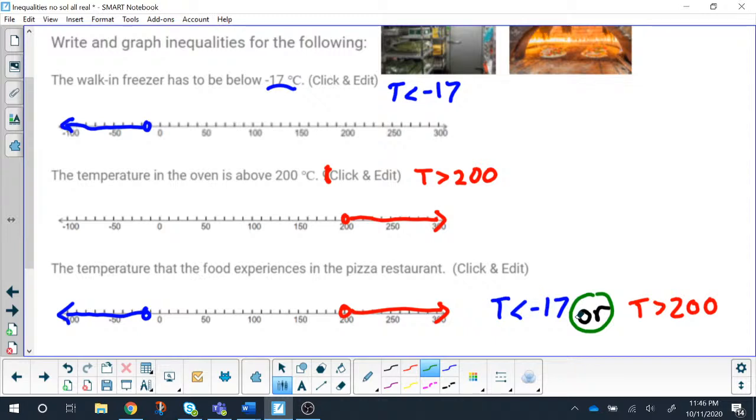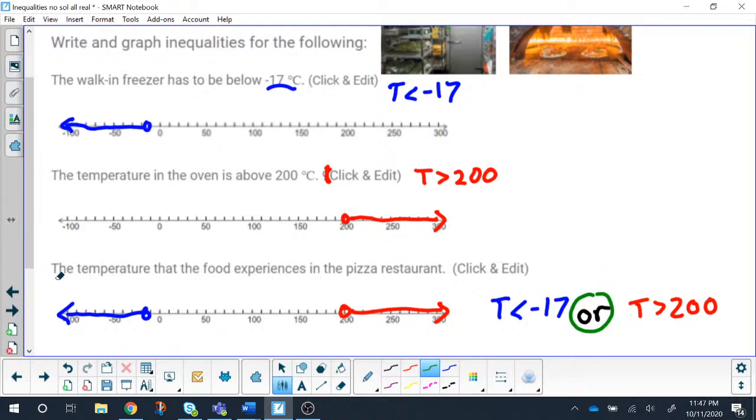So the pizza could be in the freezer where it's less than -17 degrees, or it might be in the oven where it's greater than 200. Again, there's a slot right from the freezer right into the oven. There is no in-between temperature. I know there's some issues with that, but bear with me.